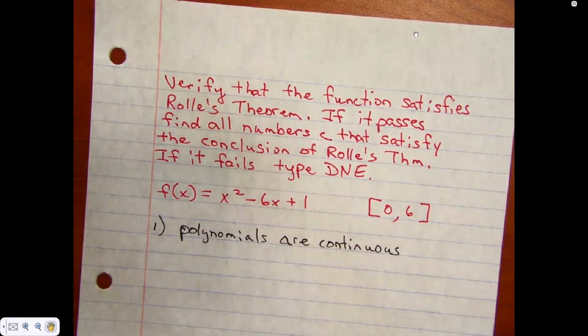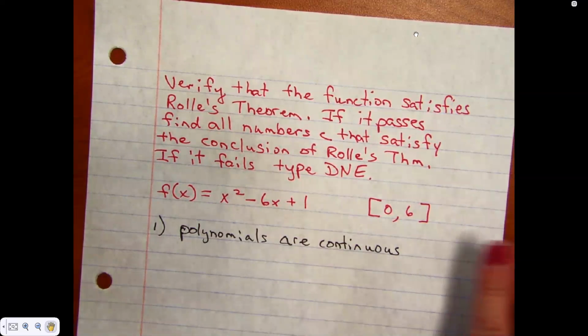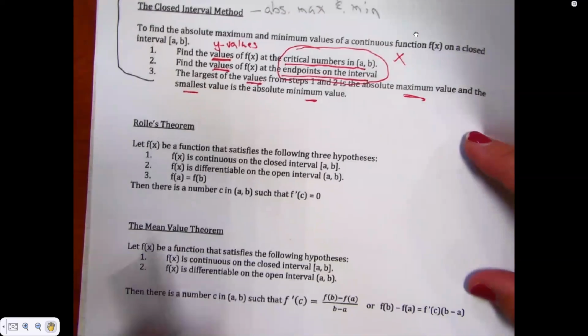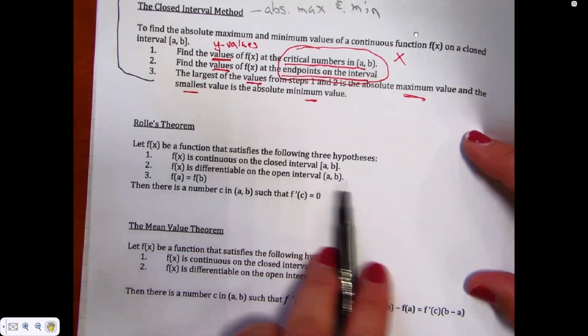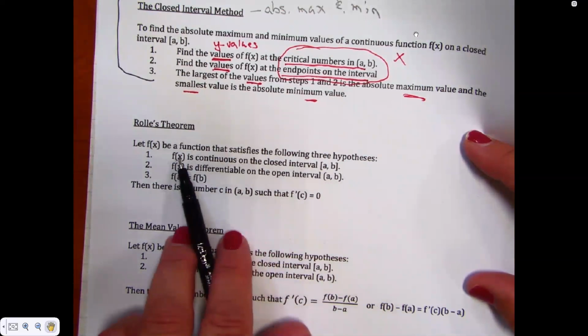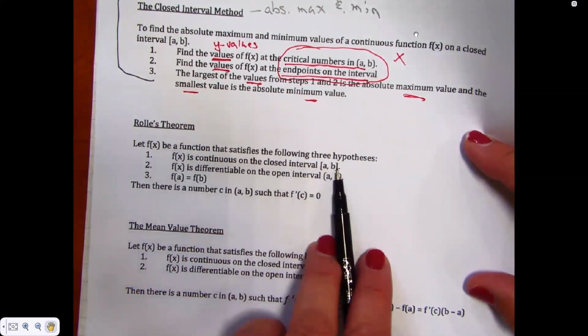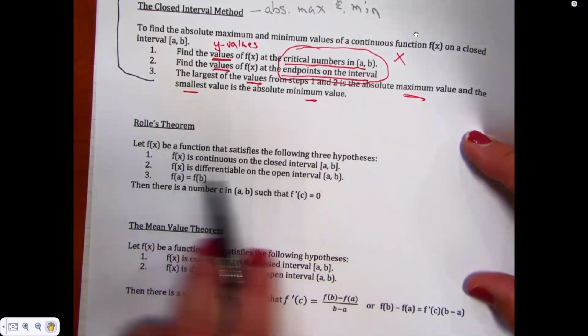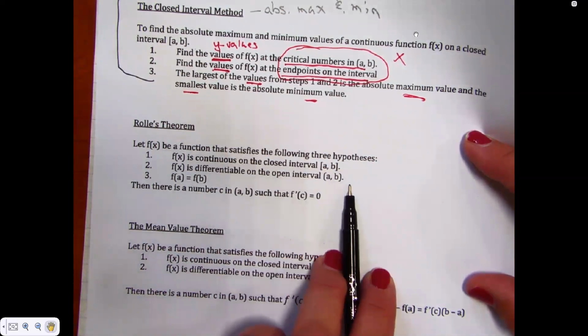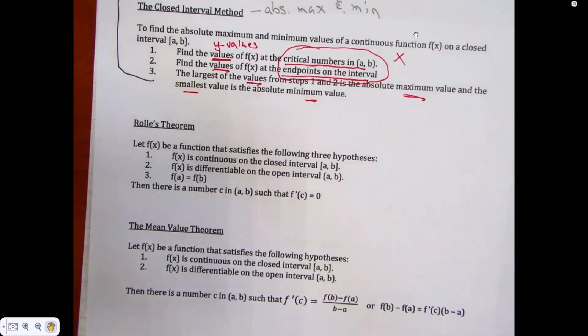We probably could say their derivatives are also not a problem, but let's go ahead. Step 2 says f of x is differentiable on, and notice this will come into play a little bit later, f of x has to be continuous on the closed interval, but only differentiable on the open. So with the endpoints, we get a little bit more lenient.